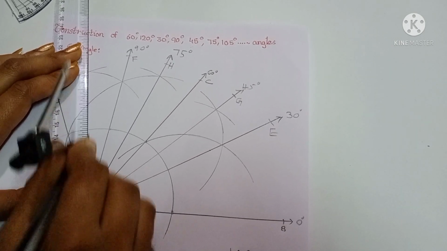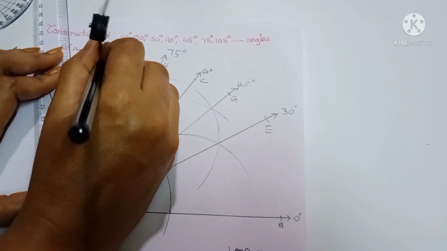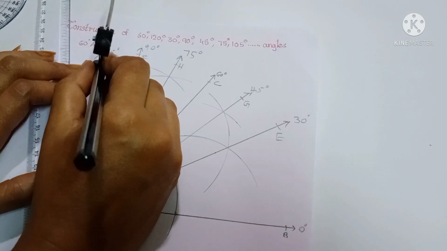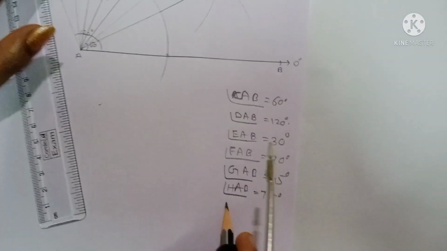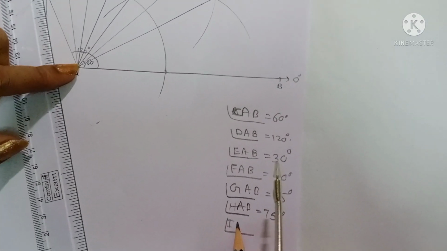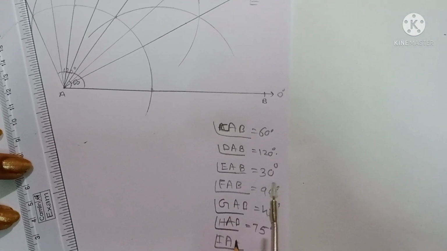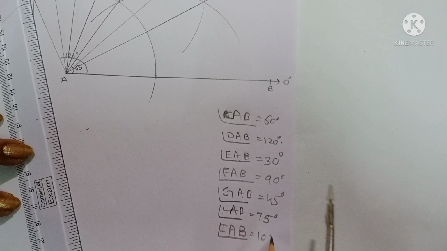Join them, we will get 105 degrees. Mark I. IAB is equal to 105.